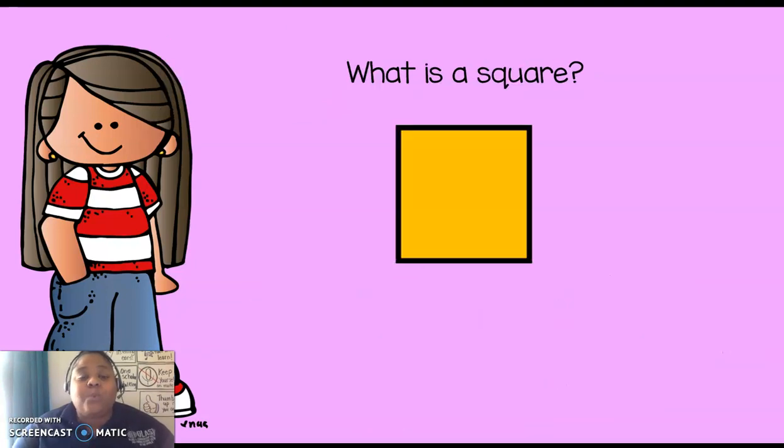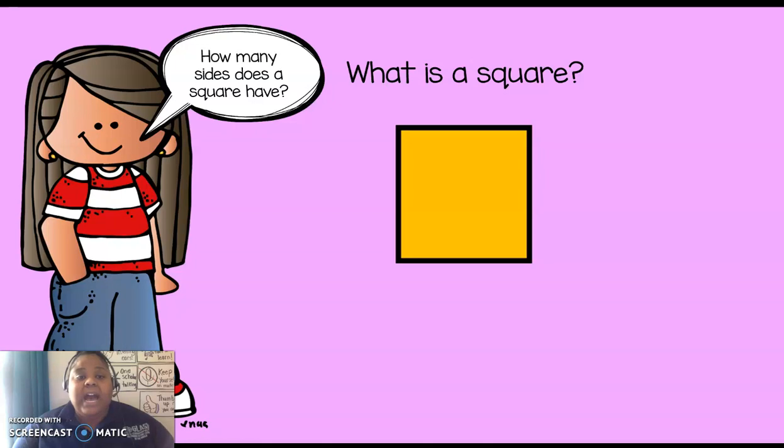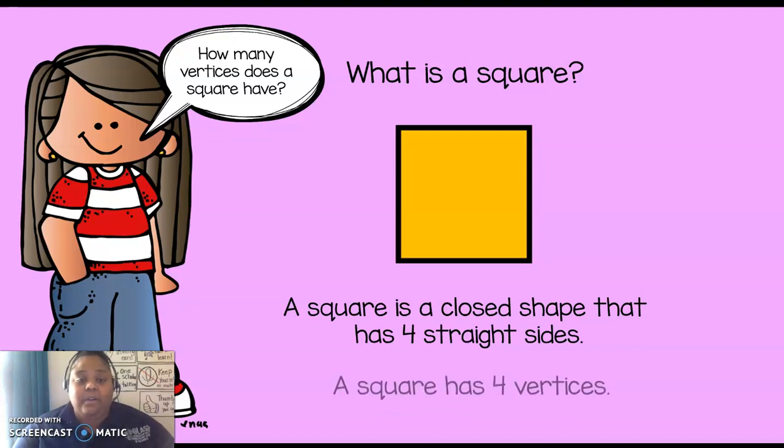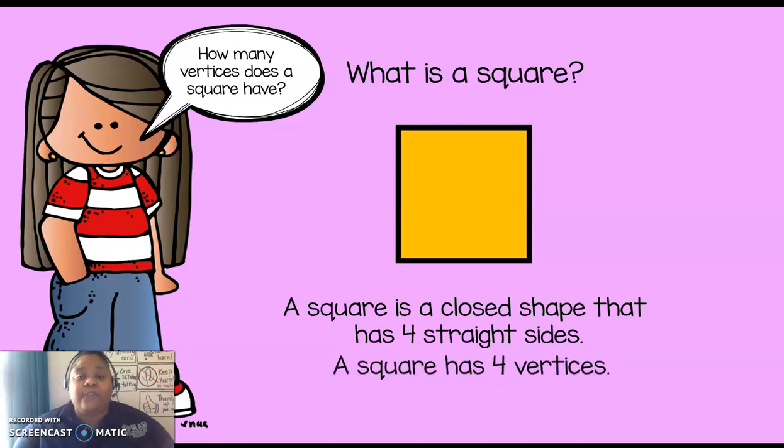What is a square? How many sides does a square have? A square is a closed shape that has 4 straight sides. How many vertices does a square have? A square has 4 vertices. It has 4 corners. Doesn't that sound just like a rectangle?